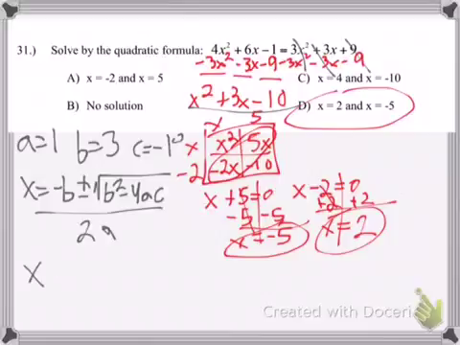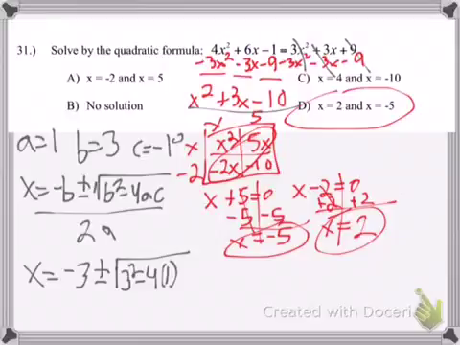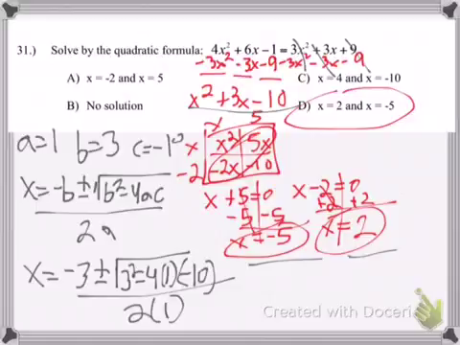And so I just use my calculator and I'll plug it in. So my b would be negative 3 plus or minus square root 3 squared minus 4 times a, which is 1, times c, which is negative 10, all over 2 times a, which is 1, and I'd end up getting these two solutions.